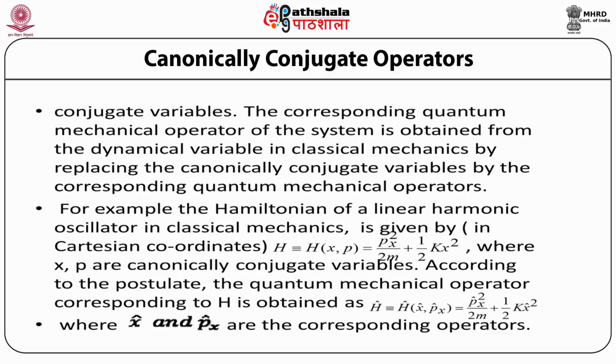This Hamiltonian of the linear harmonic oscillator in classical mechanics is given by H as a function of x and p, where x and p are the canonically conjugate variables, and is given by px square by 2m plus half k x square, where we see that x is the position coordinate and p is the corresponding canonically conjugate momentum coordinate.